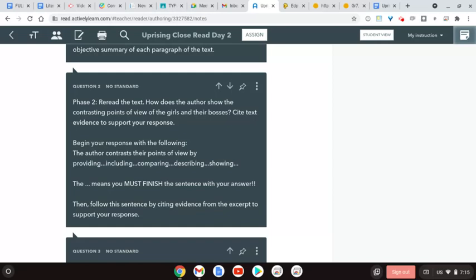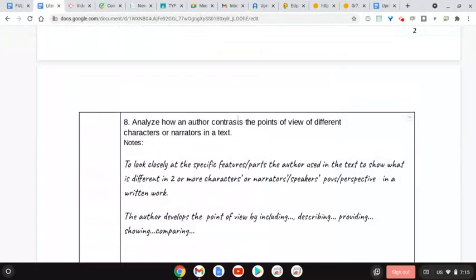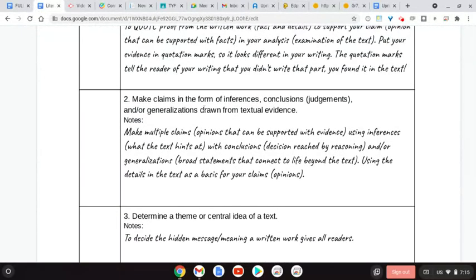What is that feature you notice that the author uses to show that contrast between the girls and their bosses? What do you notice that the author uses to do that? The ellipsis means that you have to finish the sentence off with your answer. That answer is your claim. So as you write that opening statement of your paragraph, you're making a claim in the form of an inference, conclusion, or generalization drawn from what you're noticing in the text.